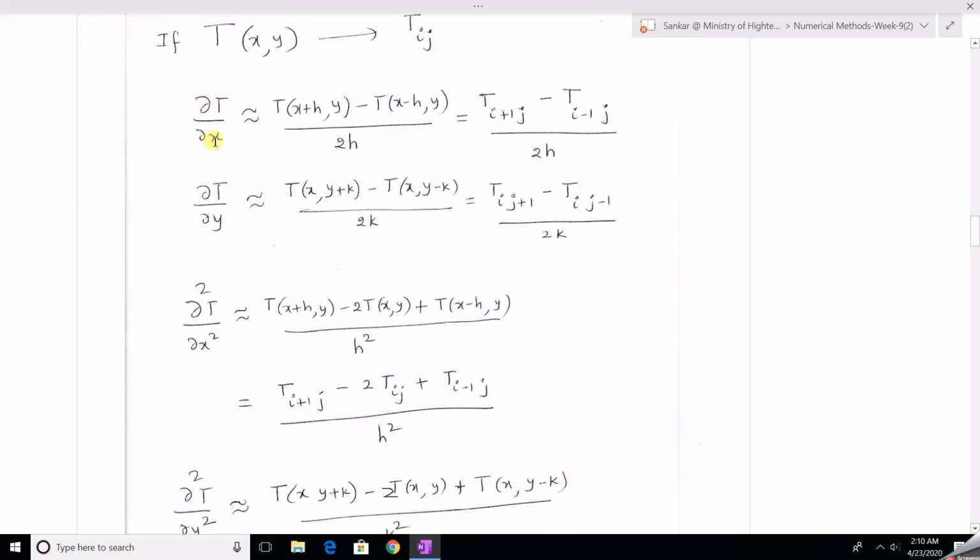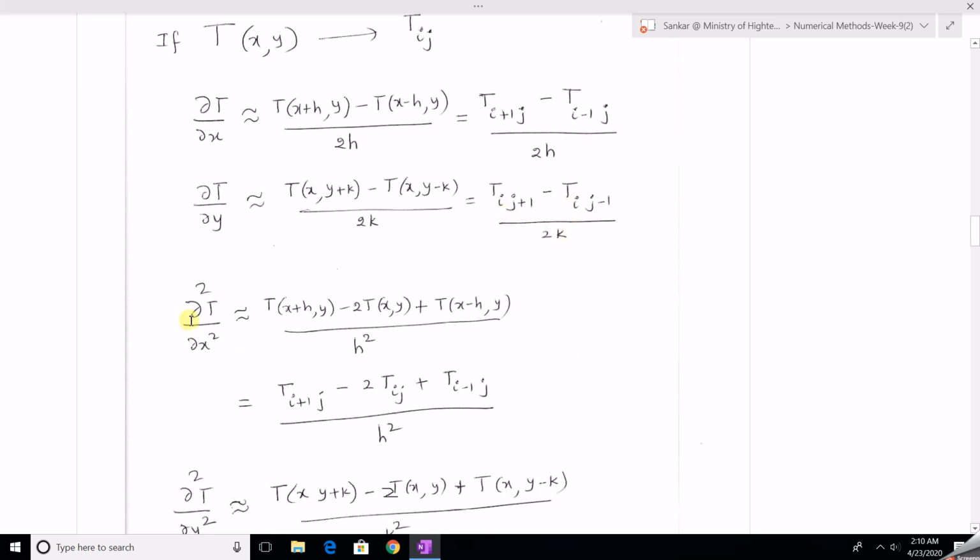So these are the approximations of the partial derivatives. Dou t over dou x is approximated by this formula, which is the central difference formula, using this notation. And dou t over dou y is approximated by this formula, where y changes and x remains constant, so there is no change in i here. The first coordinate is not changing.